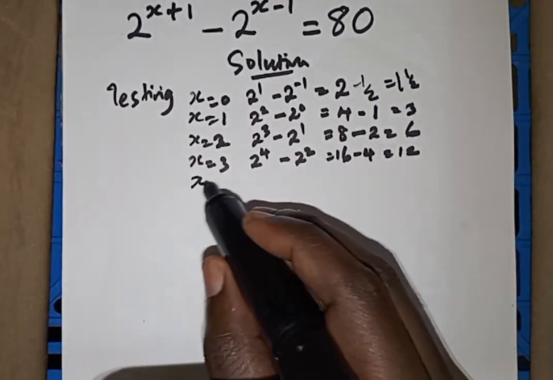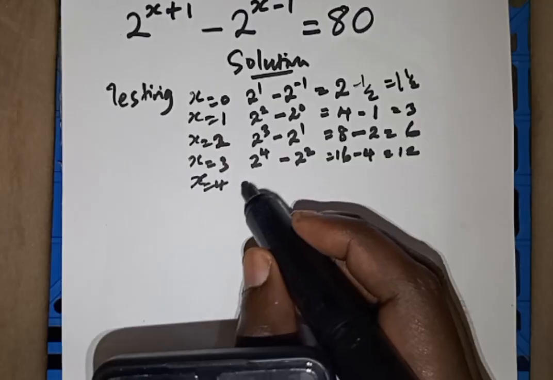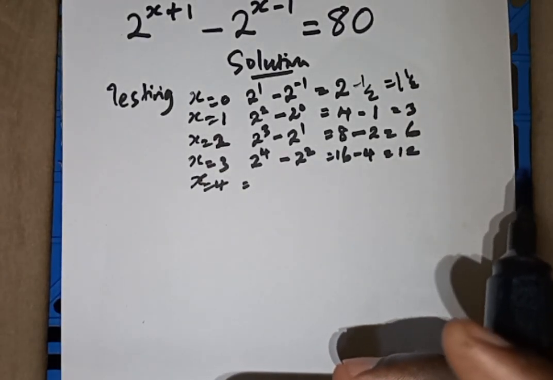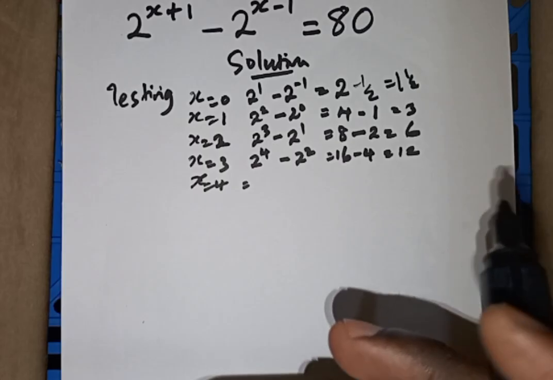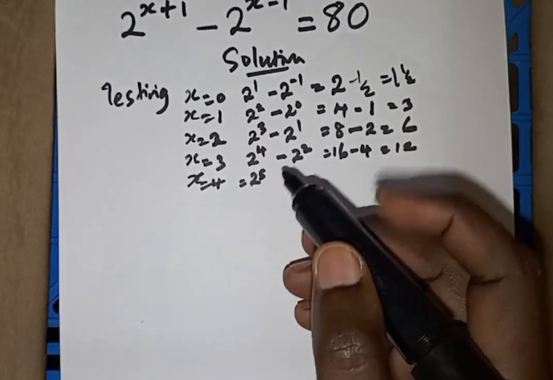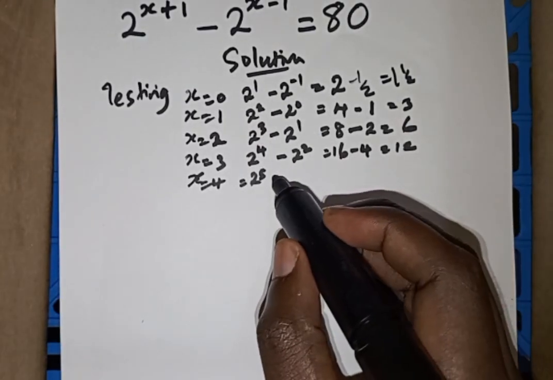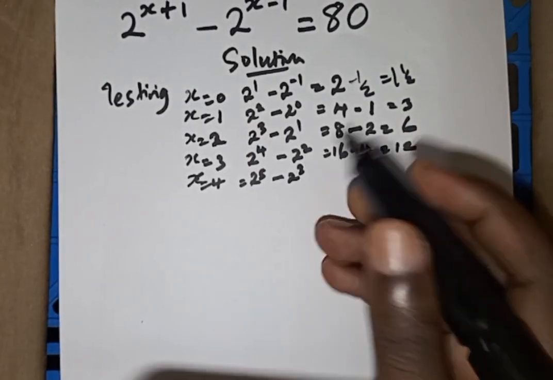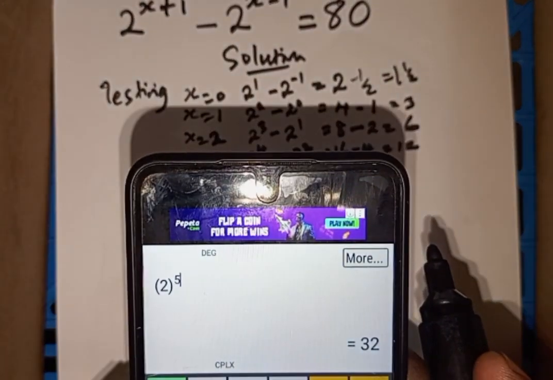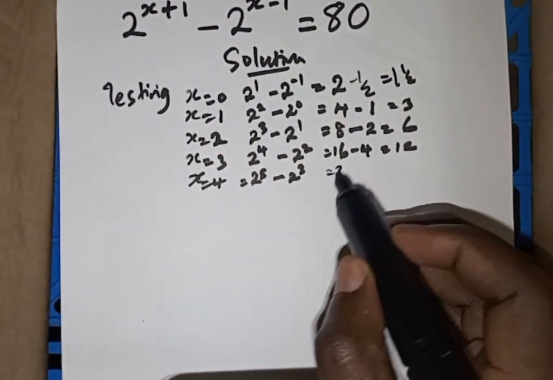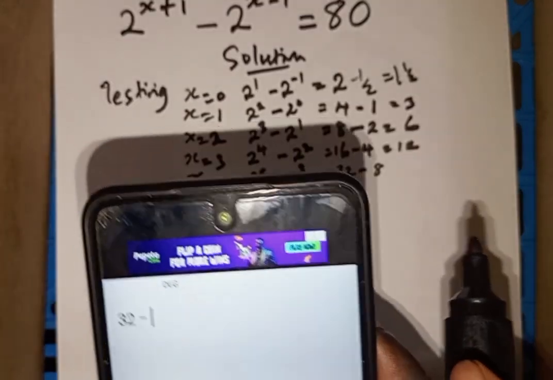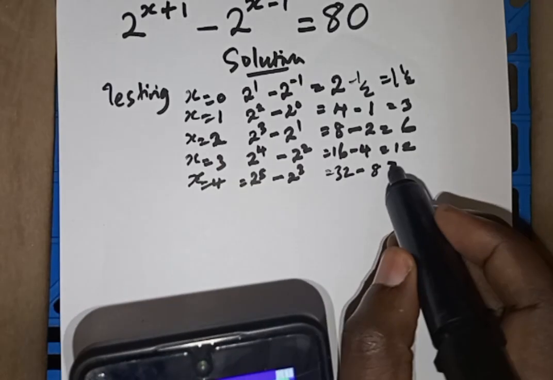When x is equal to 4, this becomes 2 power 5 minus 2 power 3. 2 power 5 is 32, and 32 minus 8 is 24.